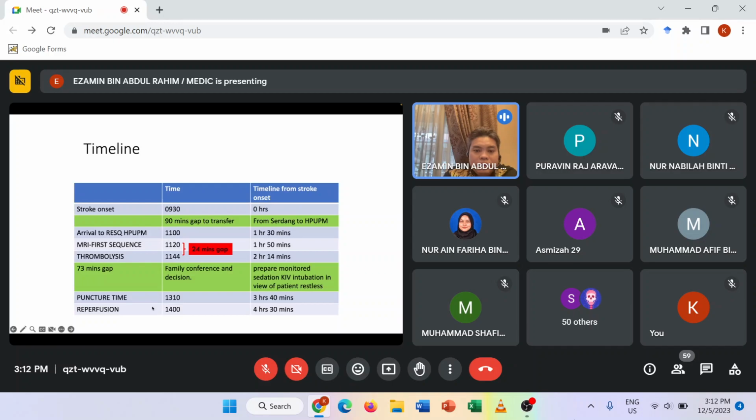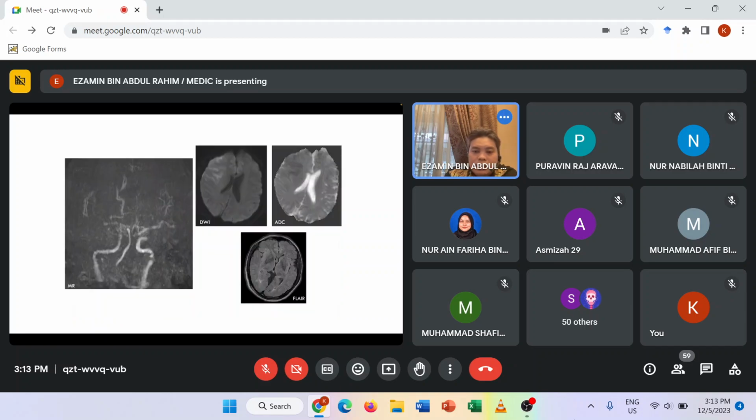This is to show you the timing, because time is brain. We monitor the time. The longest delay was the family discussion during that time. I mean, payment is an issue.